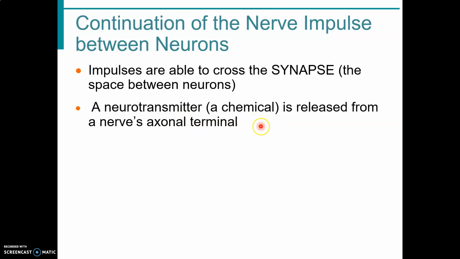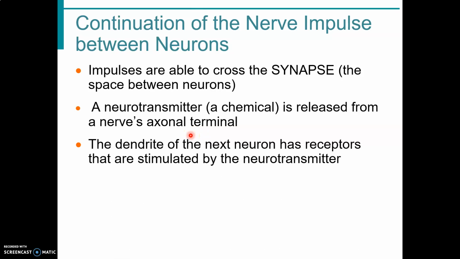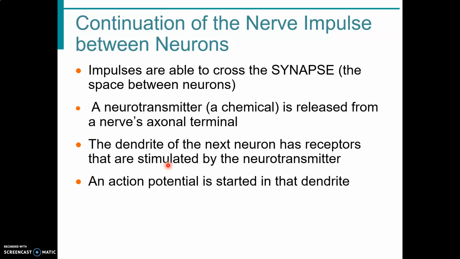These neurotransmitters are released from a nerve's axon terminals, and once the neurotransmitter is perceived by the dendrite of the next neuron, it becomes stimulated, and the process of generation of the action potential, the depolarization and repolarization in that wave, starts all over in that neuron. And so it goes again and again until it reaches the CNS, or the motor neuron that causes muscle contraction, or whatever the case may be.